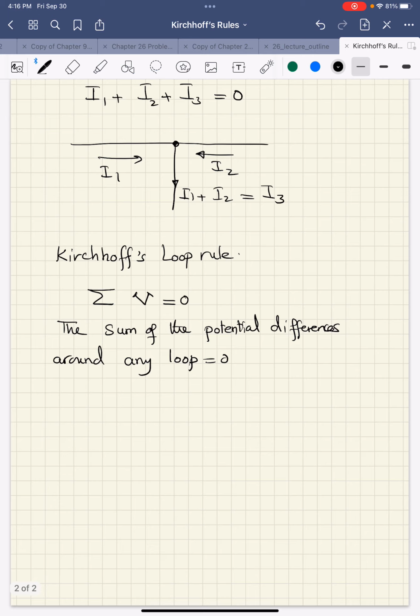This is a statement that verifies that the electrostatic force is conservative.